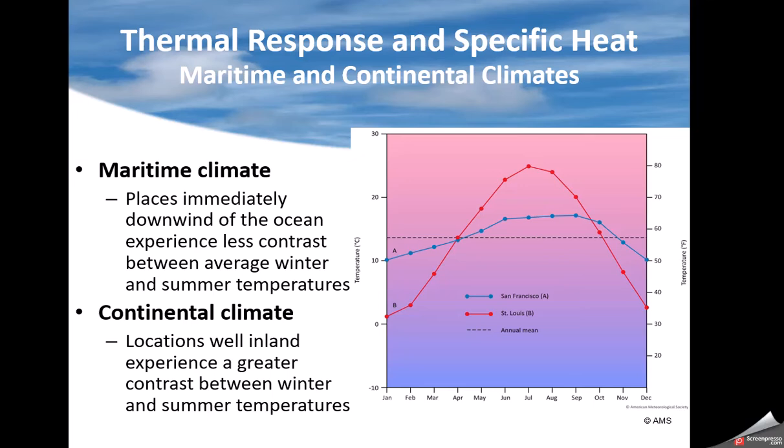That water temperature does not change a whole lot. So even though there's less sunshine in the wintertime, you're not cooling off as much compared to a drier climate like St. Louis. Maritime areas are significantly influenced. It takes a tremendous amount of energy to heat up water.